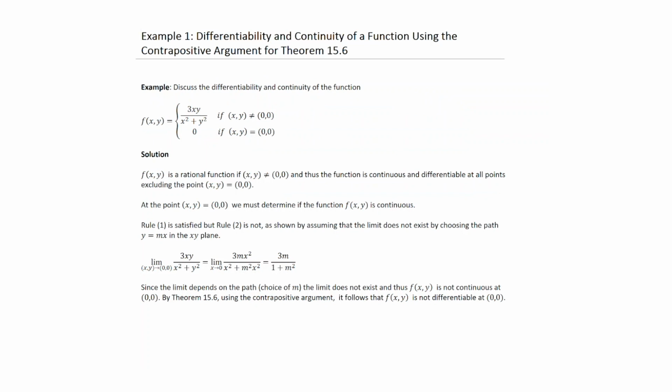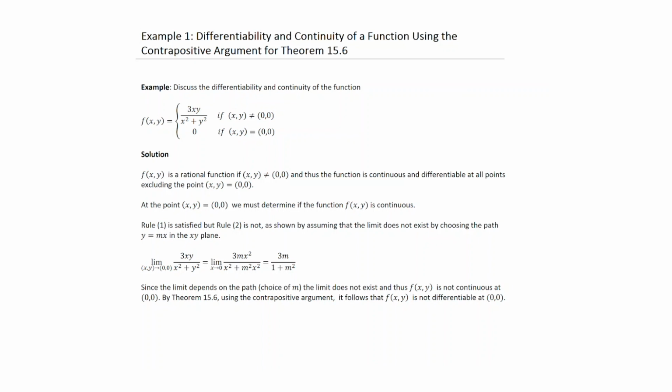Example 1 is the differentiability and continuity of a function using the contrapositive argument for theorem 15.6. So let's discuss the differentiability and continuity of the function f(x, y) equals 3xy over x squared plus y squared if we do not include the point (0, 0), and we stipulate that the function's value is 0 at (x, y) equals (0, 0).